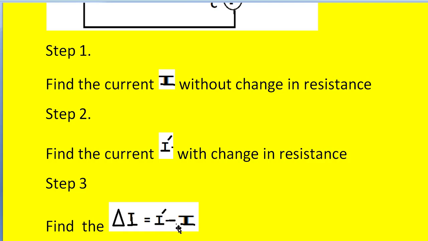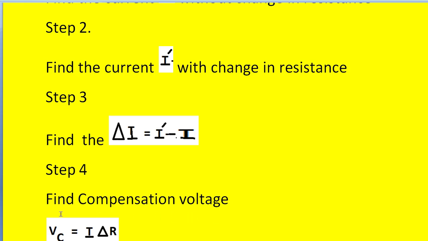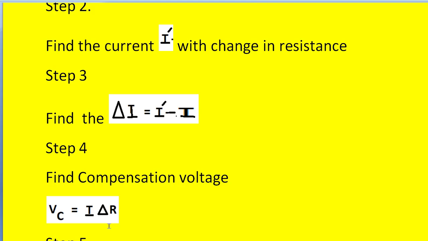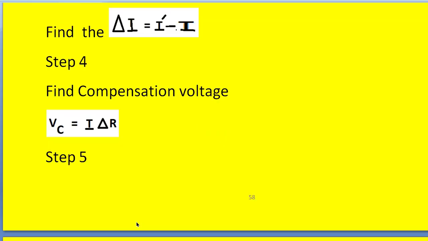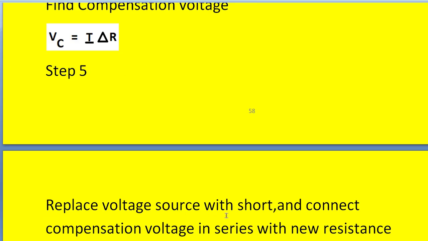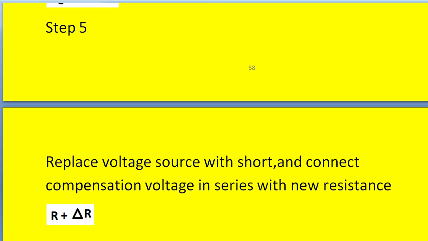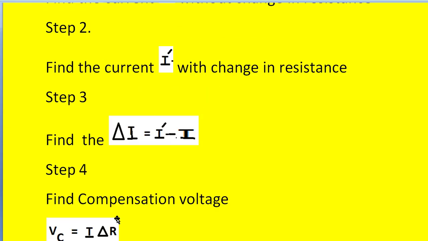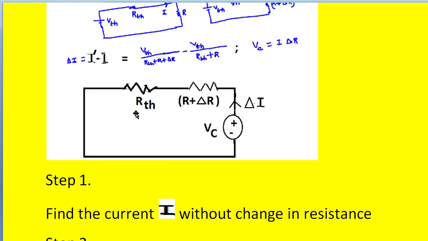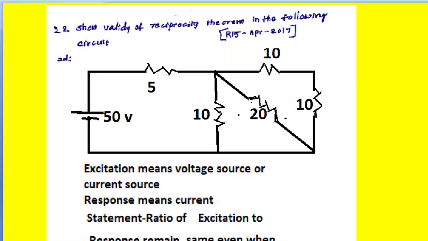Step 3 is to find the current delta I, that is equal to I dash minus I. Step 4 is to find the compensation voltage, that is VC equal to I into delta R. Step 5 is to replace the voltage source with a short and connect the compensation voltage source in series with the new resistance, that is R plus delta R. So once we go through the circuit, we find all these things like this.